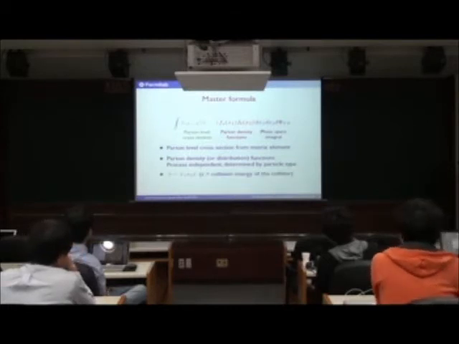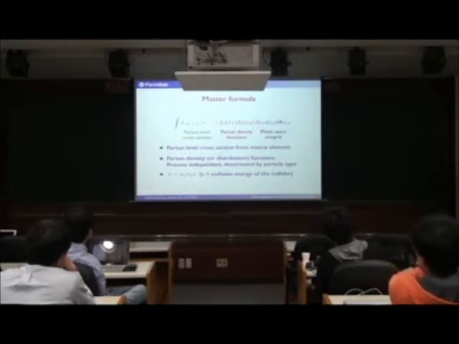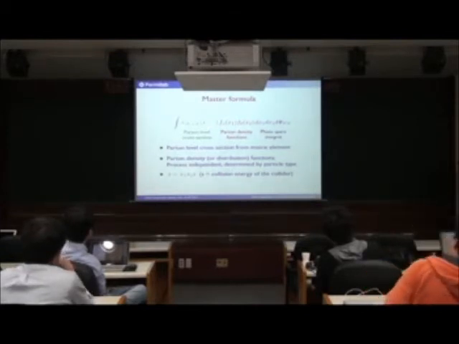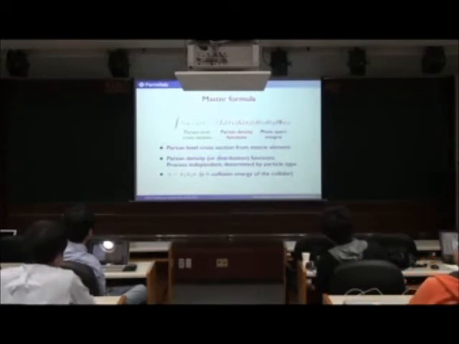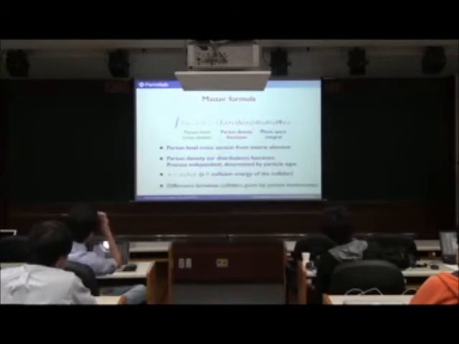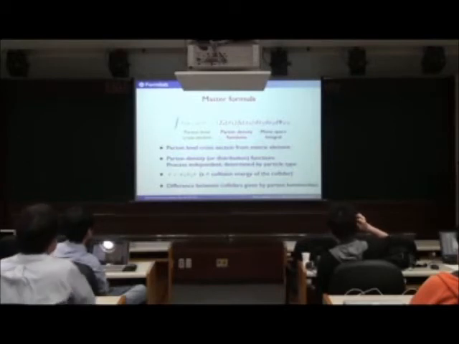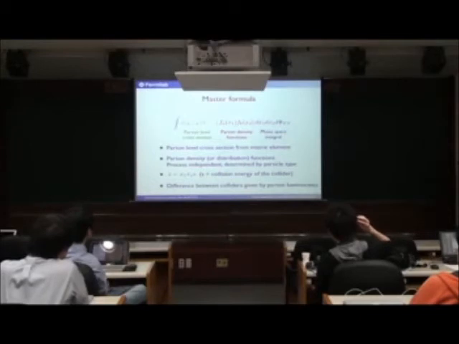Here we have s hat, which is x1 times x2 times s, where x1 and x2 are the momentum fractions of particles A and B. The only difference between different types of colliders is given by the parton luminosity, only this part. The rest of it is collider independent.